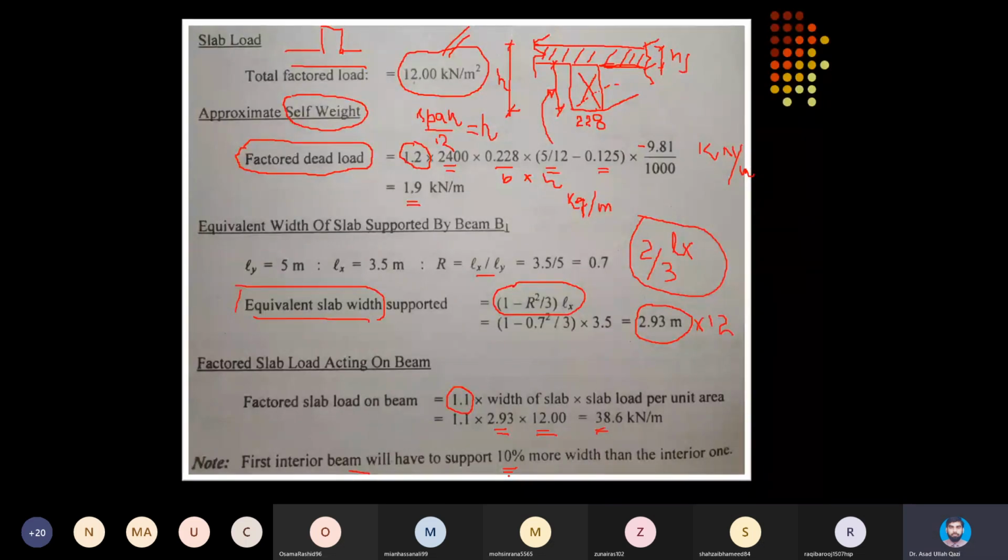However, for the rest of the interior beams, if panels are 3 or more, even for 3 panels, one beam will be at the center and there will be 2 beams which are first interior, and the central one will be the interior. If panels are more than 3, then you will get more interior beams where you need not apply this additional factor 1.1 proposed here.